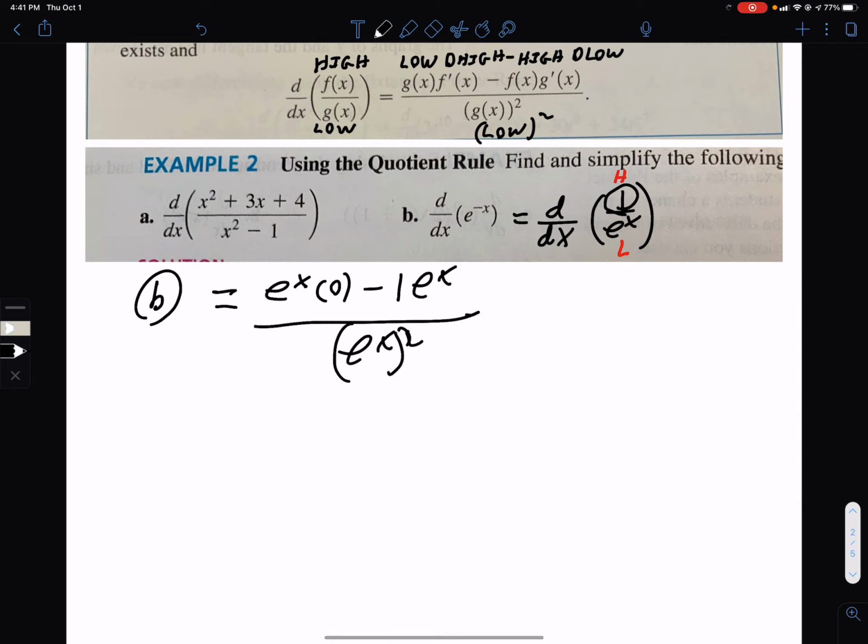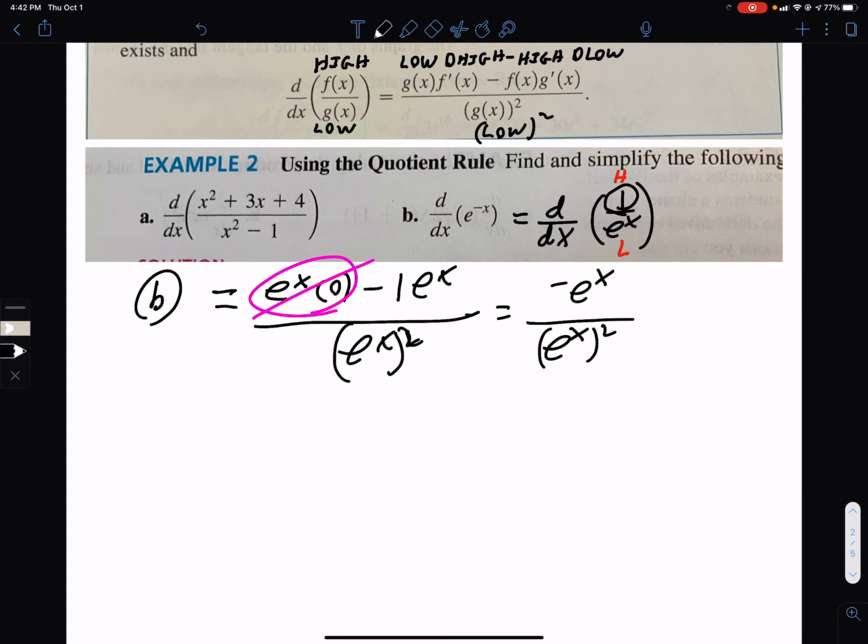Wow, this one is really easy. Do I have e to the x minus e to the x? Is that possible? Oh no, I am so bad right now, making too many videos. This times 0 is 0. Anything times 0 is 0. So I have negative e to the x over e to the x squared.